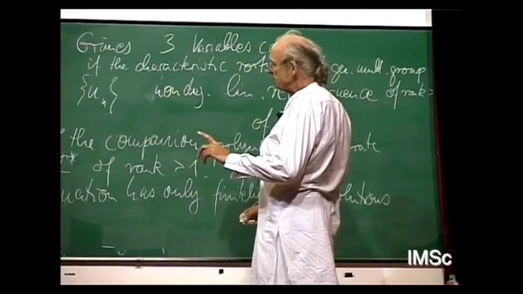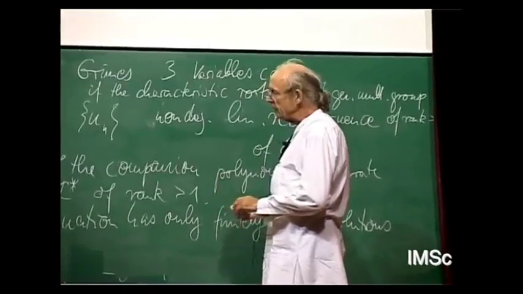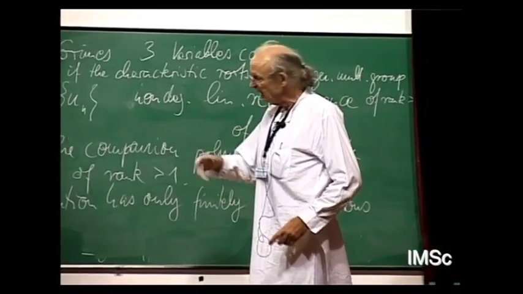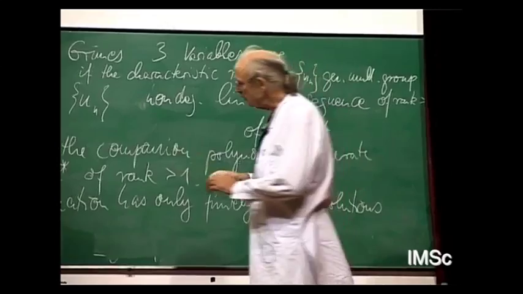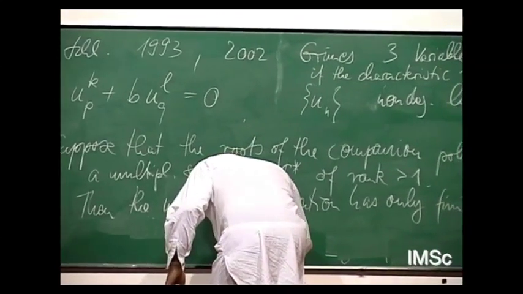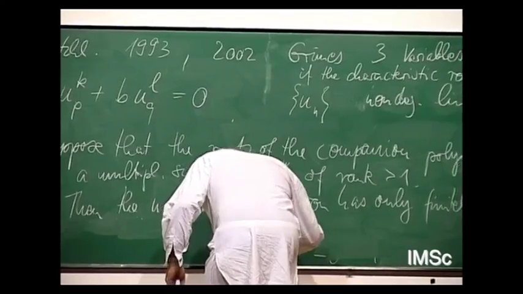And let me finish by saying that one can even give an example of a rank 1 sequence where the assertion becomes wrong. Consider simply the sequence 1 over alpha to the n plus alpha to the n.